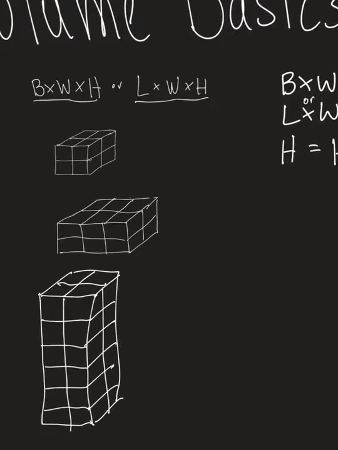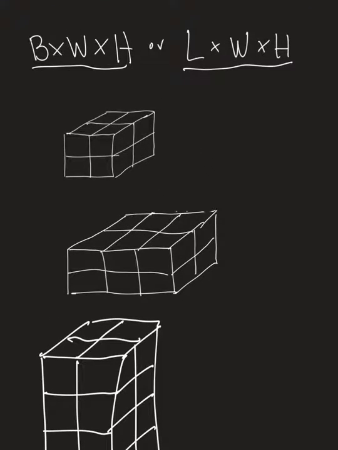So if we look at the first one, and we look at the base or the length, which is this part right here, we know that the base is 1, 2, and for right now we're just going to do 2 units. We're not going to worry about if it's centimeters, feet, it doesn't matter right now. So 2 is going to give me my base, or my length, whatever formula you're using.